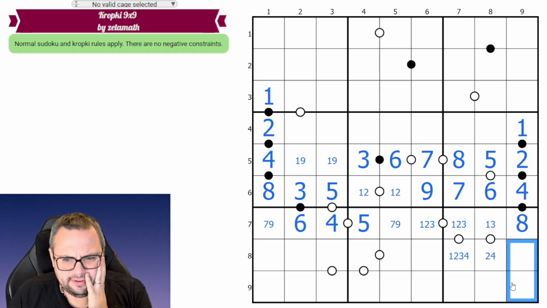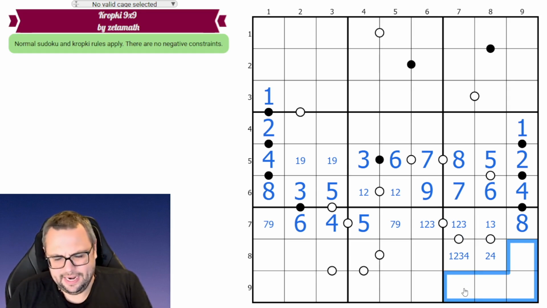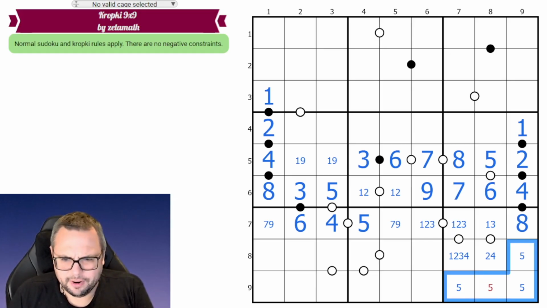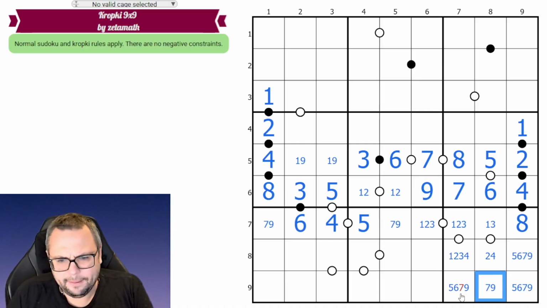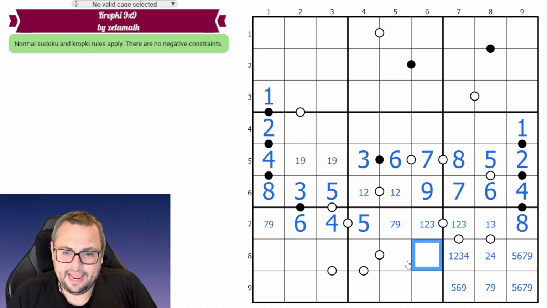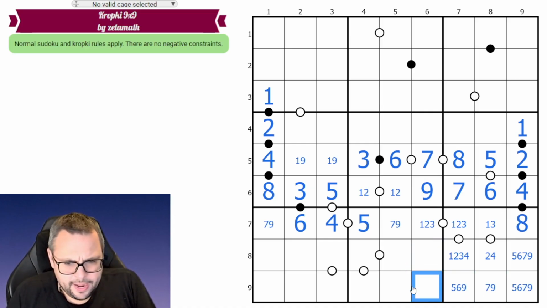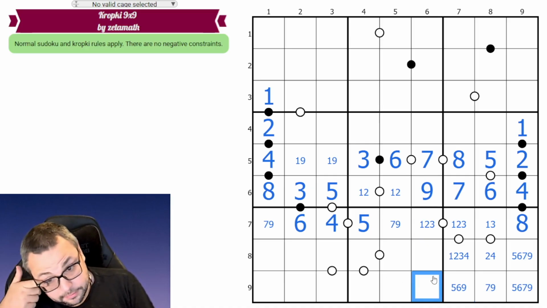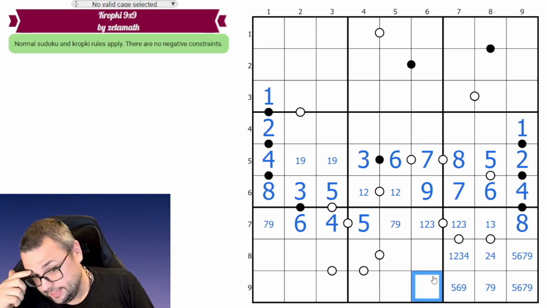Meaning that these digits are all from 5, 6, 7, 9. If I want to mark that, I'm not terribly sure that I do. But apparently I have, whether I wanted to or not. So we've got that.